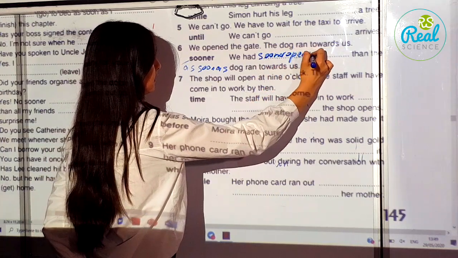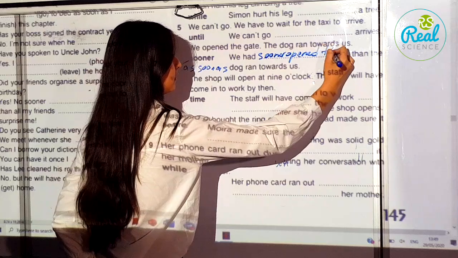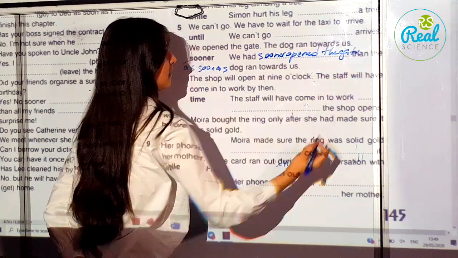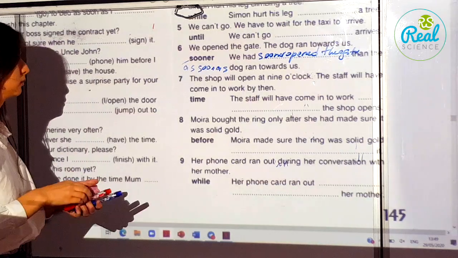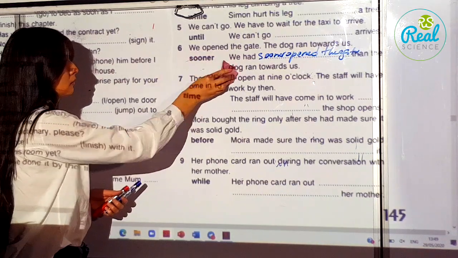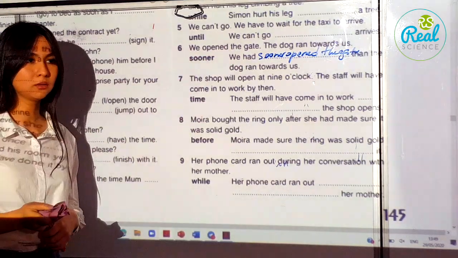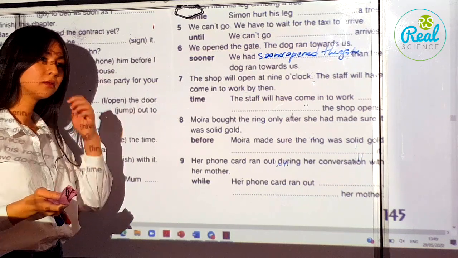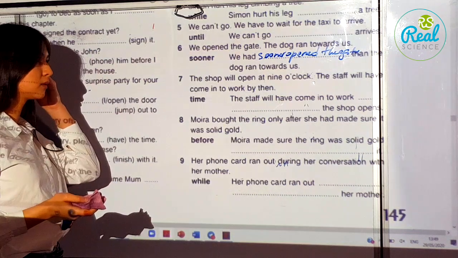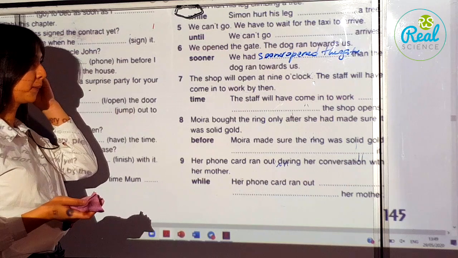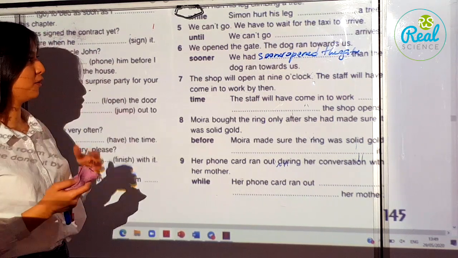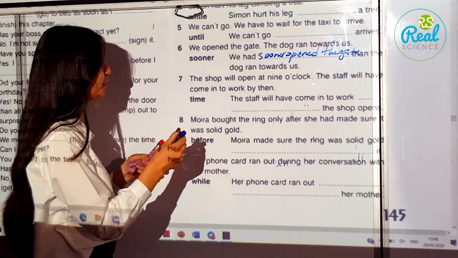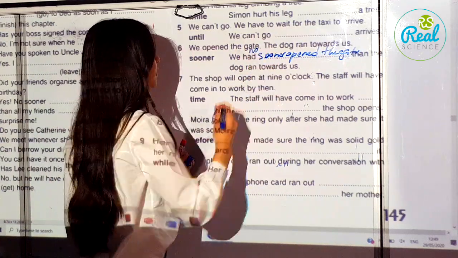So we had no sooner opened the gate than the dog ran towards us. Yeah, possible. Very good.